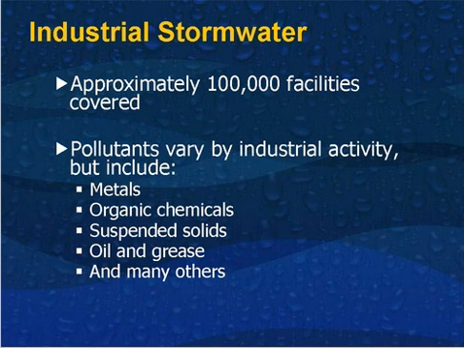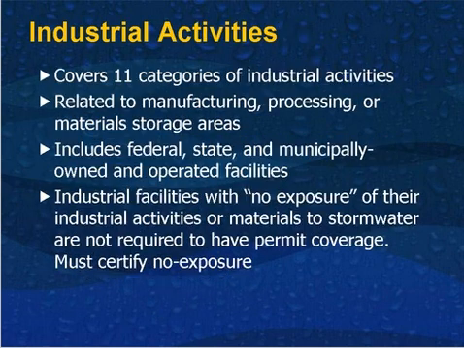The industrial program is a separate NPDES permit program issued to approximately 100,000 industrial facilities. And the pollutants will obviously vary by industry sector, but you're looking at heavy metals, suspended solids, oils, and grease, and all the types of pollutants you would expect from these categories.